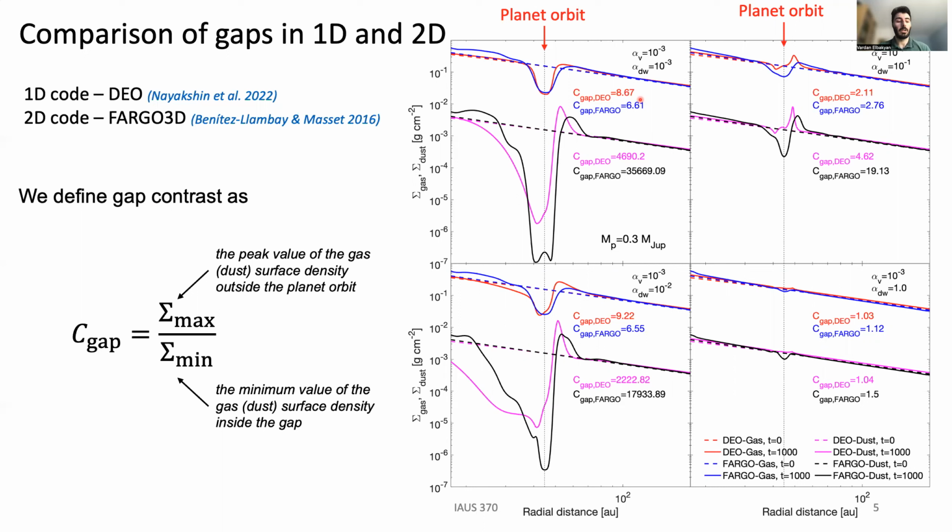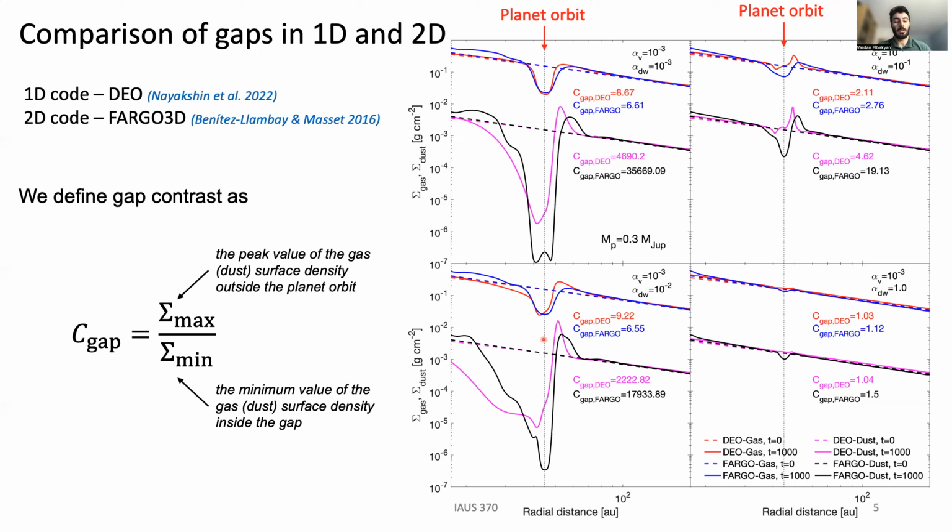And here we define the so-called gap contrast parameter, which characterizes the gap opened in the gas and dust disk, which is the peak value of surface density outside of the planet orbit divided by the minimum value of the surface density inside the orbit.